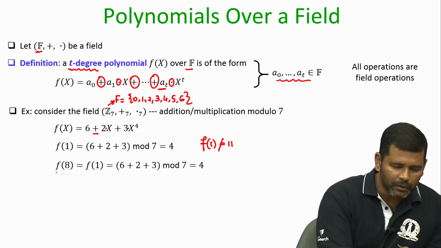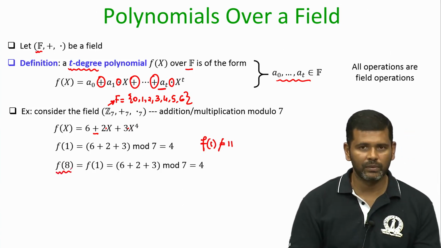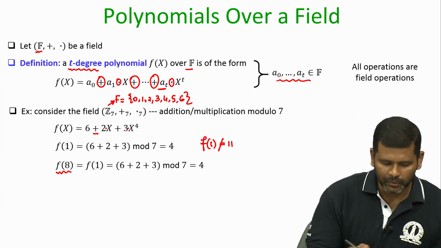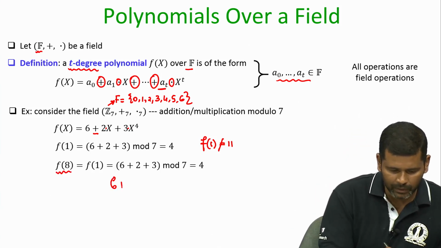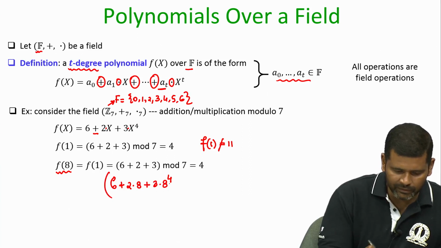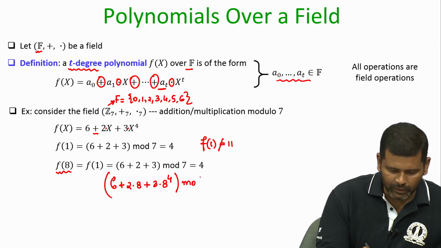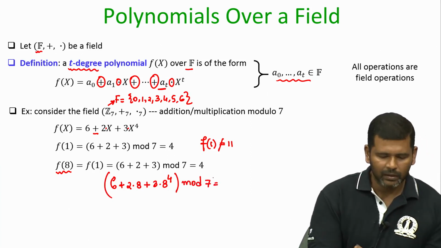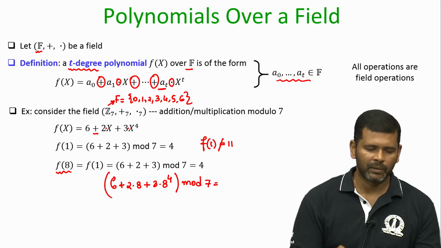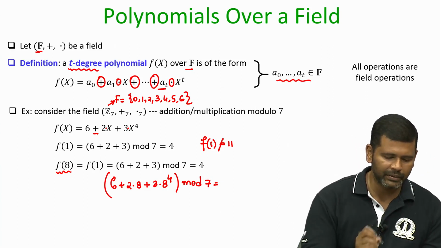If I want to compute f of 8, then there are two ways to compute that. I could compute 6 plus 2 times 8 plus 3 times 8 to the power 4, and then reduce everything modulo 7, but that will require me to perform rather large computations.